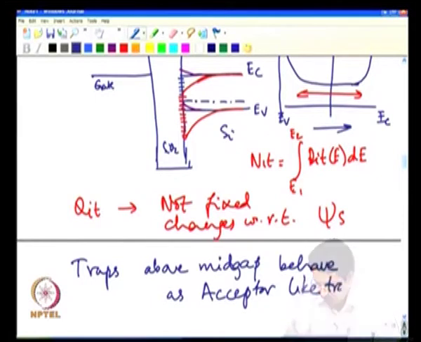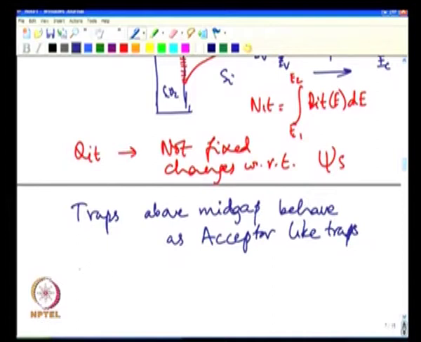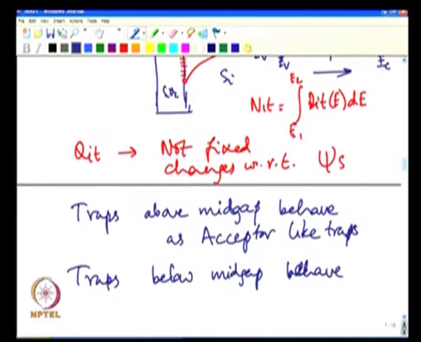We will see what that means. And the traps below mid gap behave as donor like traps.